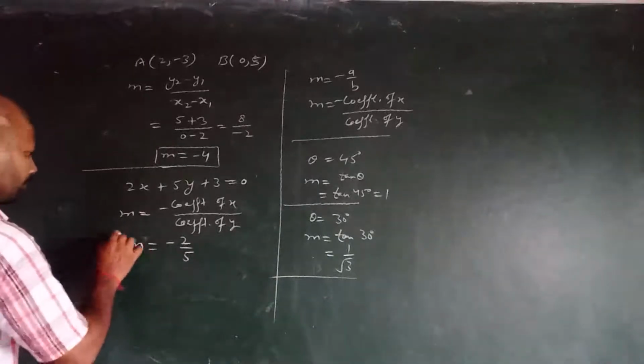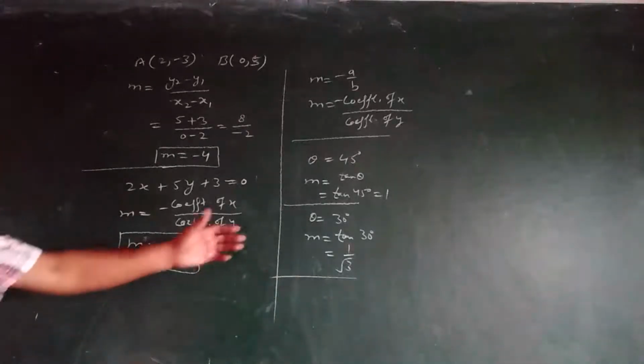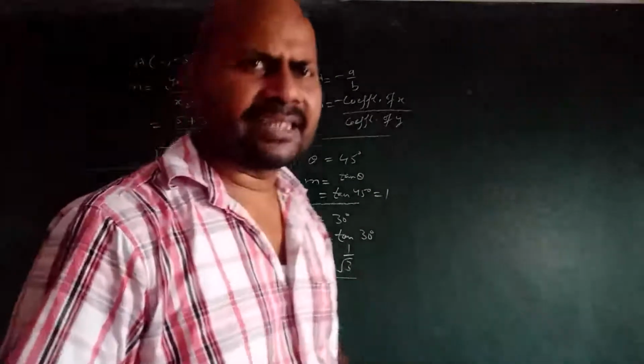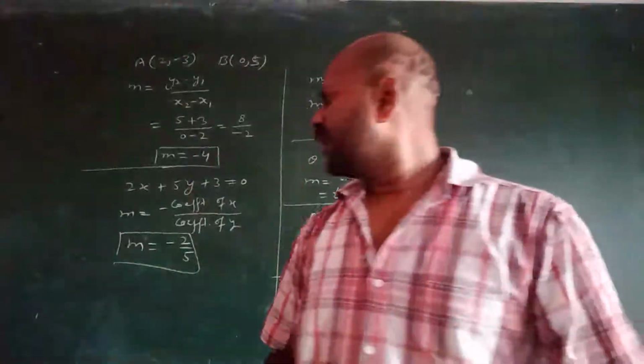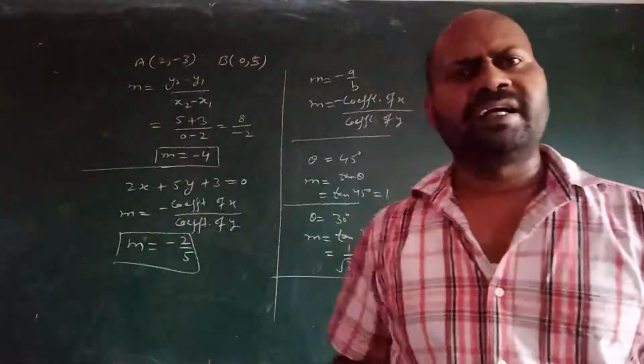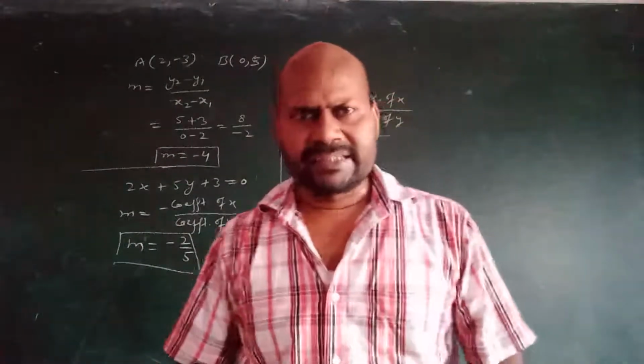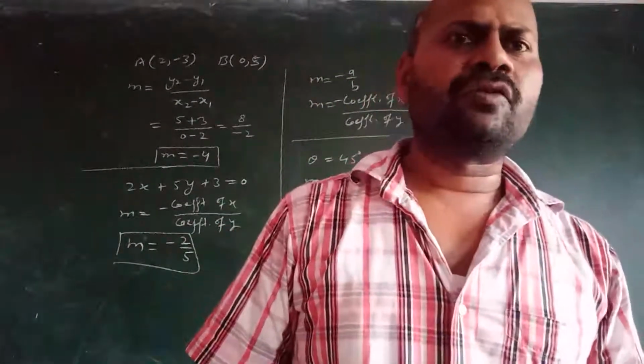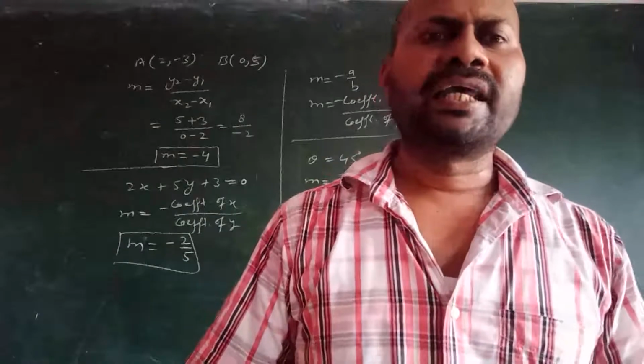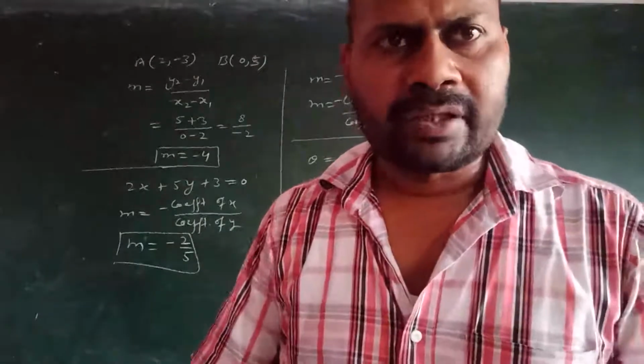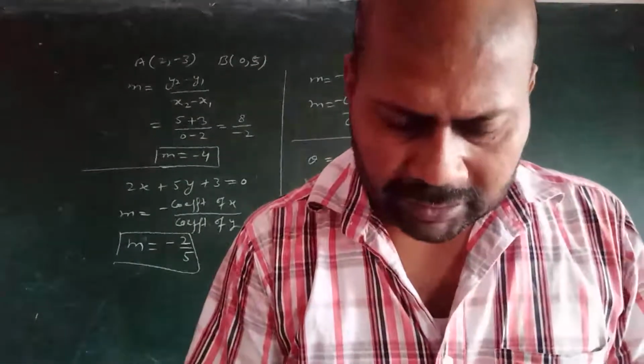So we can find m in these three ways: if theta is given, if 2 points are given, or if the line is given. We can also find tan theta, and that is called the slope m of the given line. Okay, this is all about the slope.